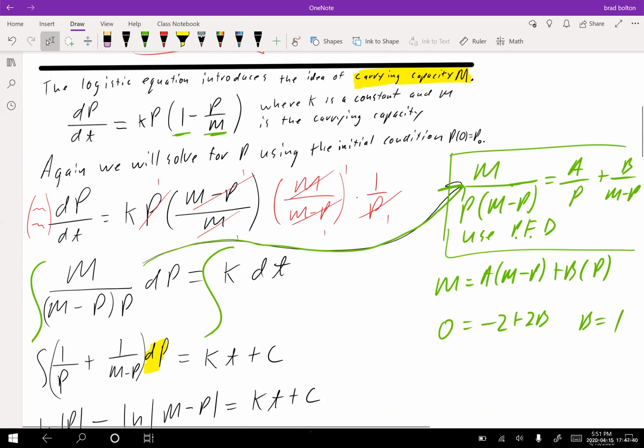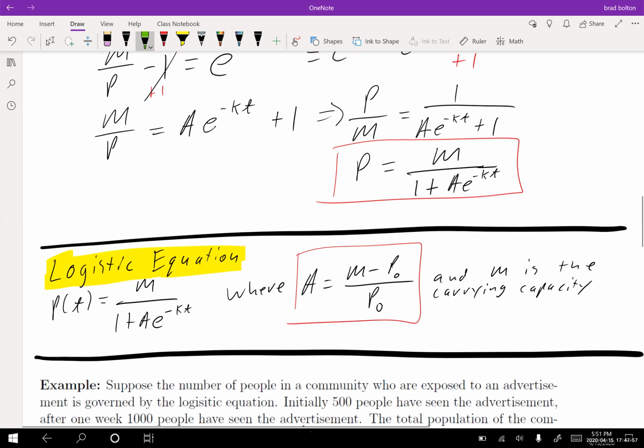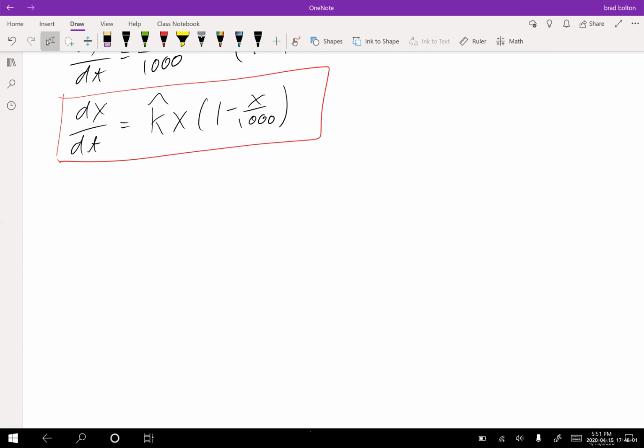That is right here. This is the logistic equation, okay? P divided by some carrying capacity, M, some constant times P, right? So this is the same as this. So this is just the logistic model.